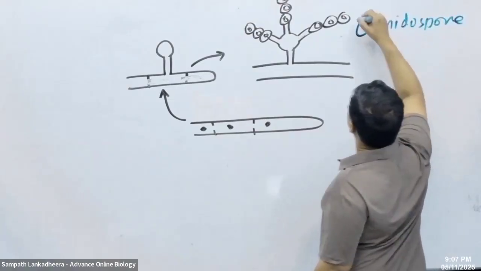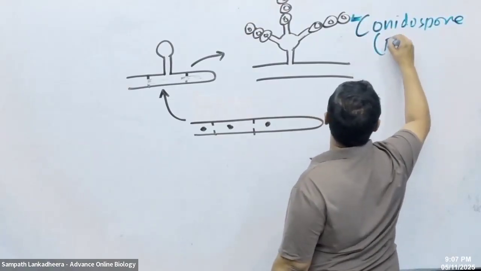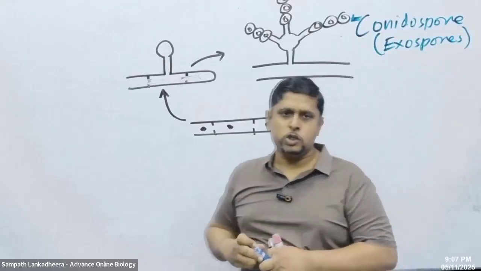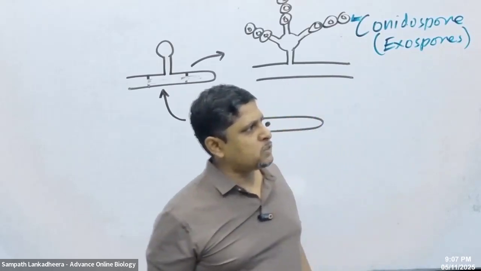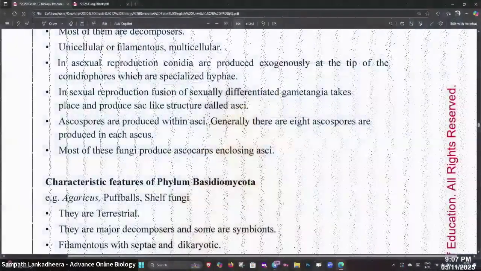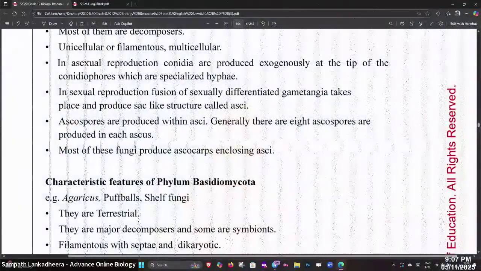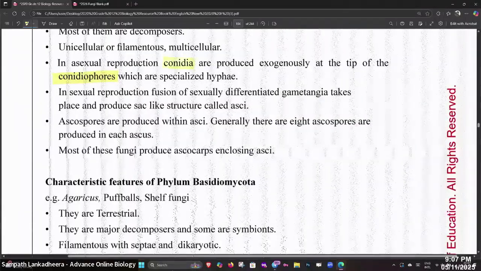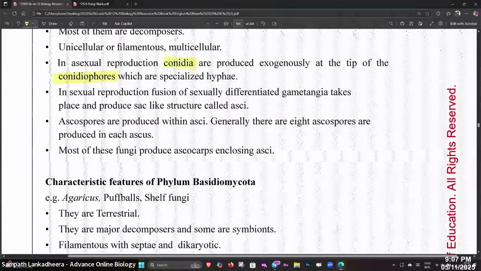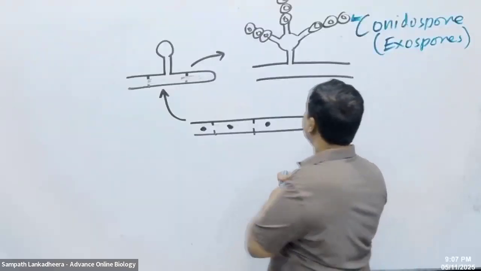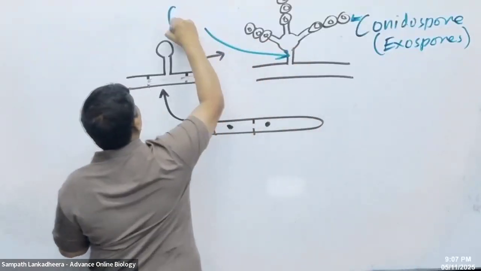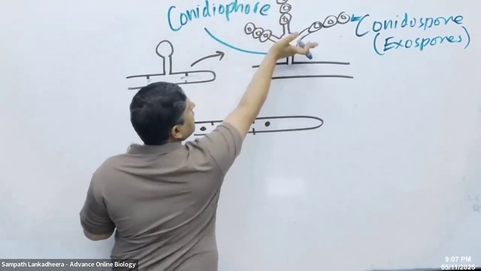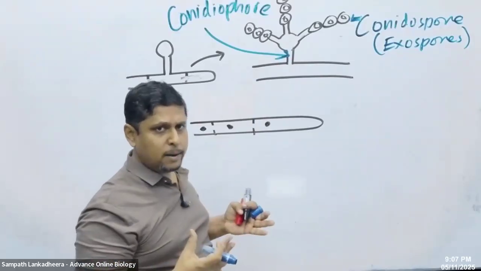Conidiospores. Conidiospores are exospores. Here there is a special term: conidiophore. The phore is the structure that bears the conidia.